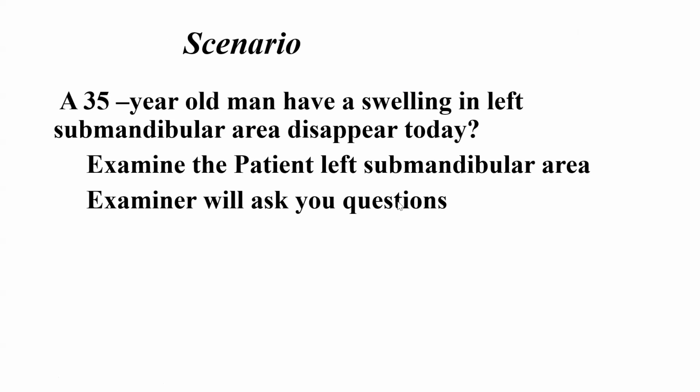Sensation. No, we ask him if you drink something sour like lemon or vinegar, is this swelling increasing or not? Usually the patient says yes, it is increasing with sour or with lemon. So it means that you have something in the salivary gland.